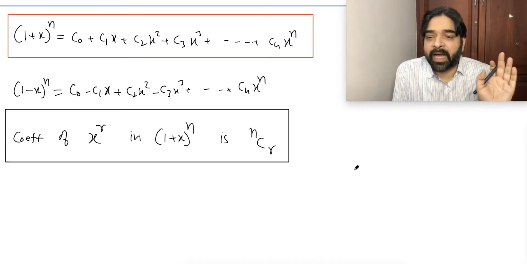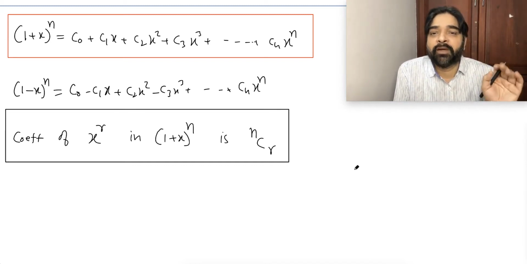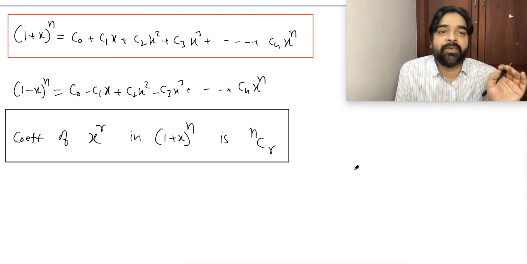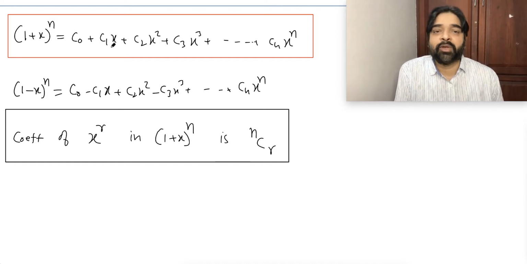So, if anybody asks what is the coefficient of x^0, I will say nC0. What is the coefficient of x^1? nC1. Coefficient of x^2? nC2. That is what is coming here. See, nC0 is the coefficient of x^0, nC1 the coefficient of x^1, nC2 the coefficient of x^2, and so on.